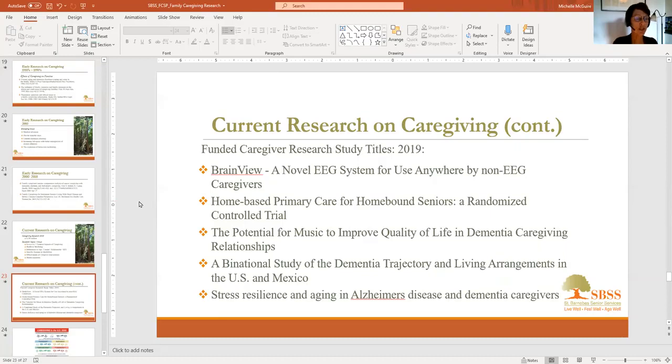A binational study of the dementia trajectory and living arrangements in the US and Mexico. International comparisons. I mean, just the scale is really getting very large. And stress resilience and aging in Alzheimer's disease and dementia caregivers. I just threw it in there because I'm a big fan of resilience. But again, looking at very detailed, complex situations with the caregiver. So they've really come a long way since 1978.